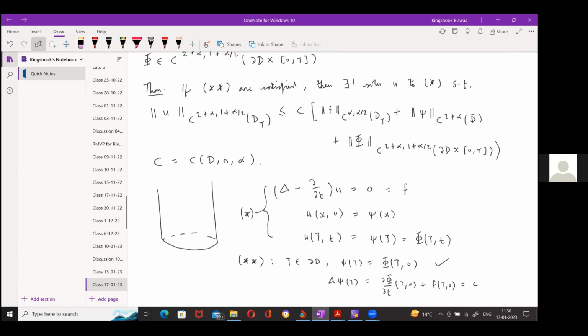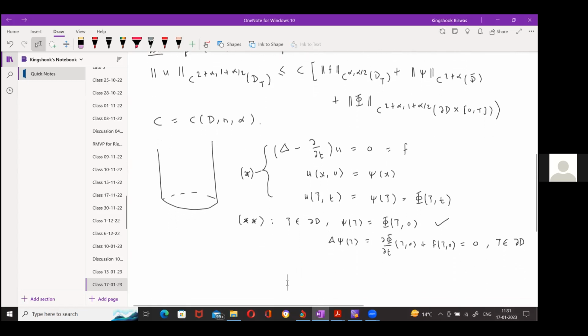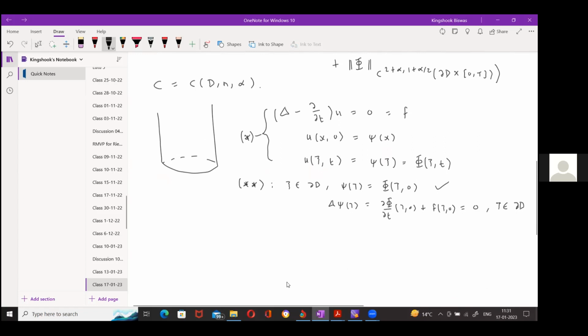So what I want is that the Laplacian of psi vanishes on the boundary. Now, what was I given? I was given some function on the boundary. So all I have to do is extend it to a function in the interior such that the Laplacian at boundary points vanishes.